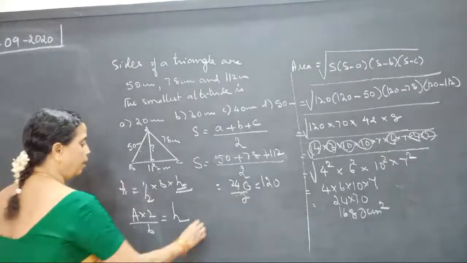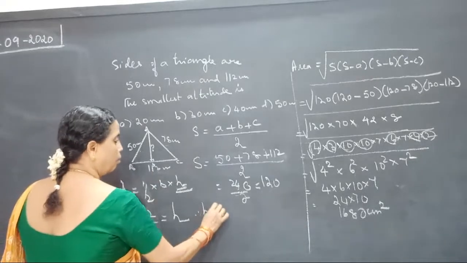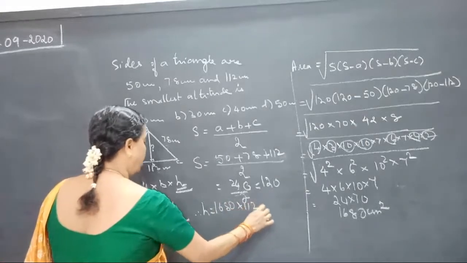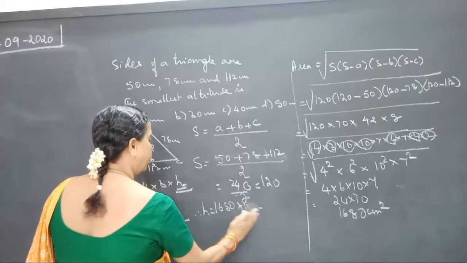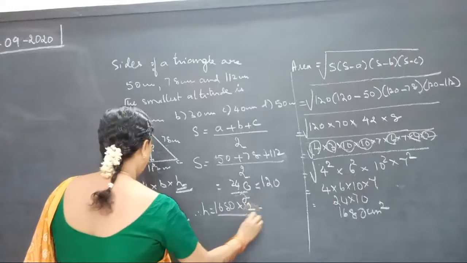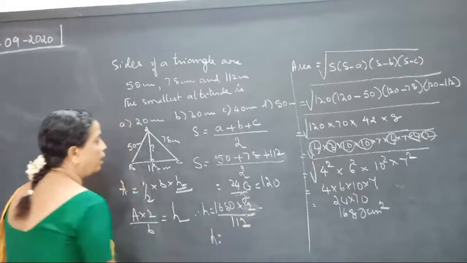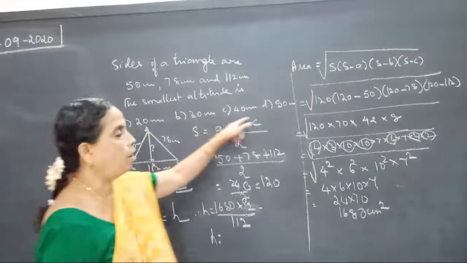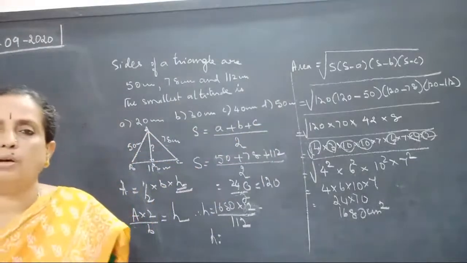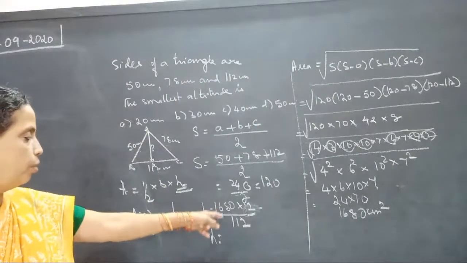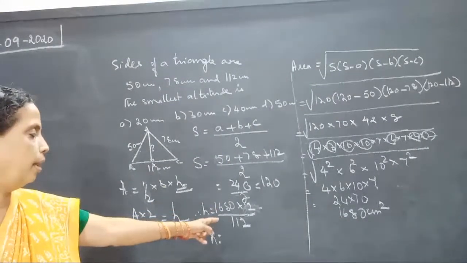What do you get? H equals 1680 into 2 by 112. Simplify, you will get the H value. Later you can opt whether A or B or C or D. 1680 into 2 divided by 112.